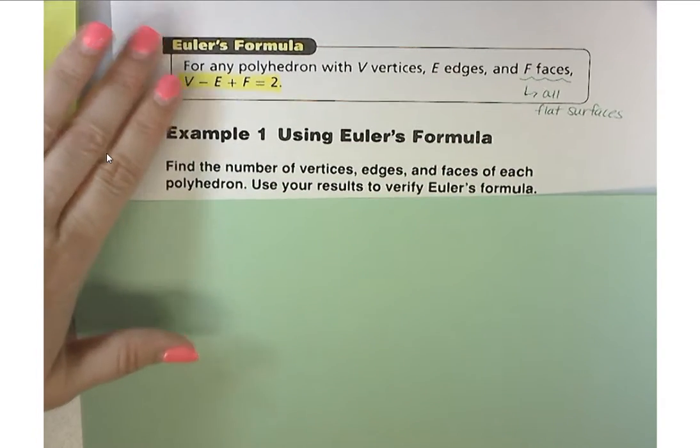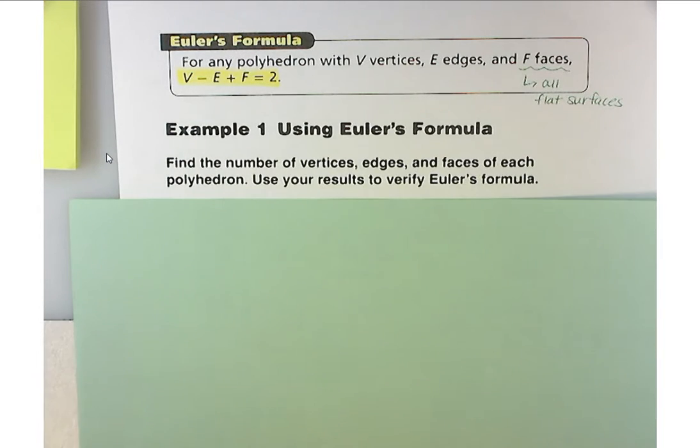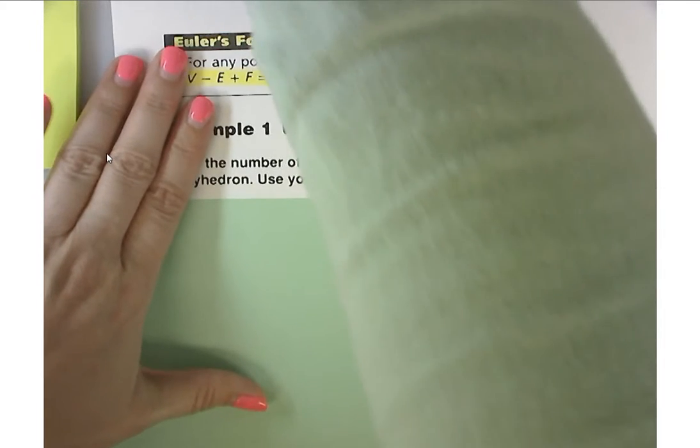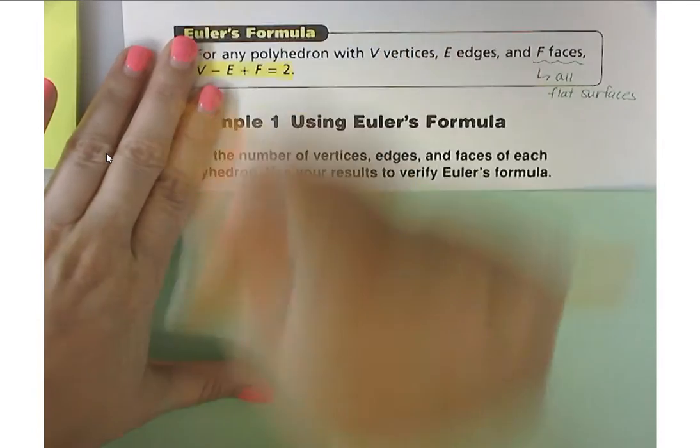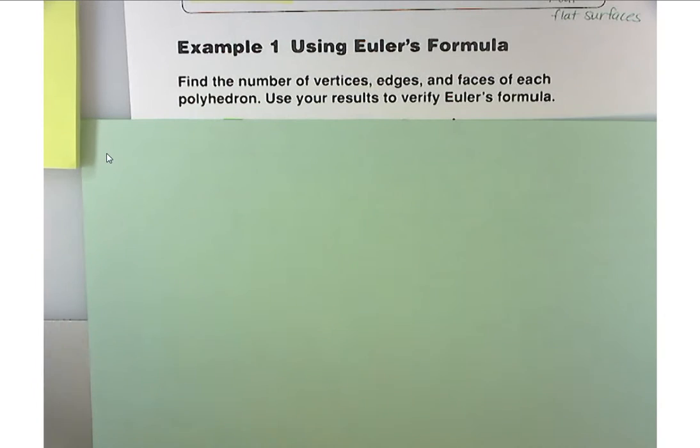So let's use Euler's formula in example 1. And when we do that, we're going to find the number of vertices, edges, and faces of each polyhedron. And then we're going to verify Euler's formula. So when we verify that, what we're going to be doing is plugging in those values and then making sure that they work.